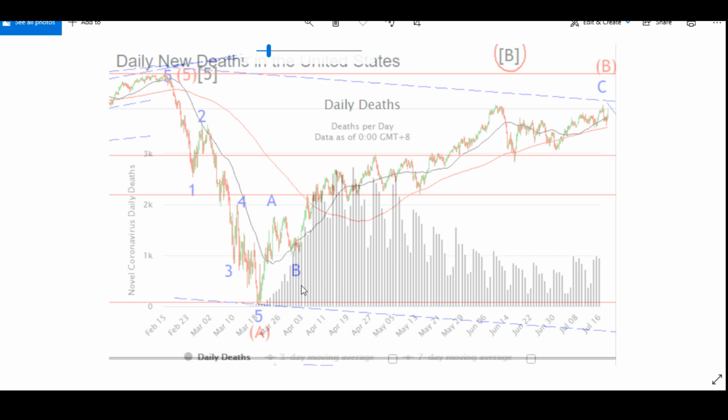But the data does not back up the general consensus that we had a crash based on a virus, and we had a rally based on the idea that the virus was declining. It's utterly backwards. It's what I would call ass backwards.